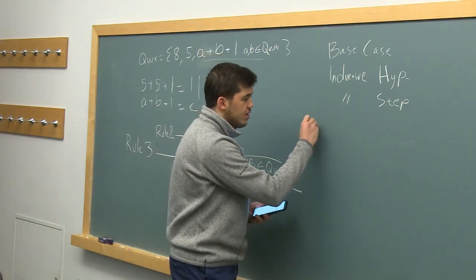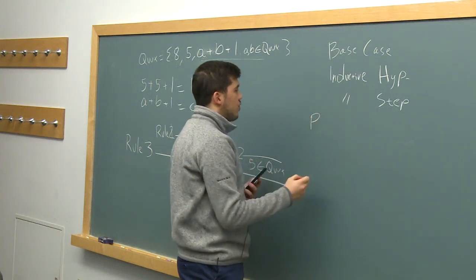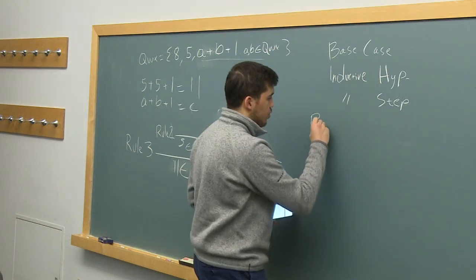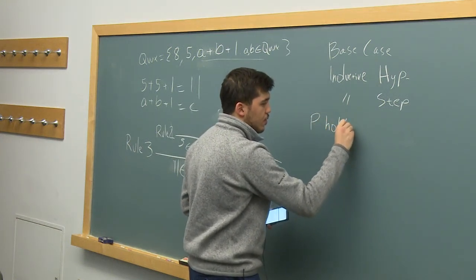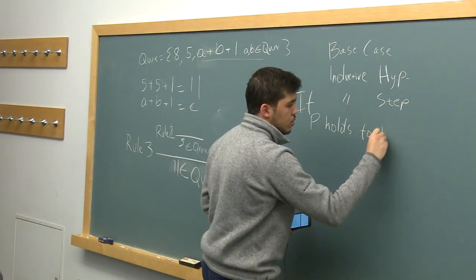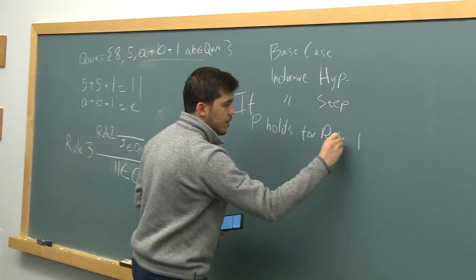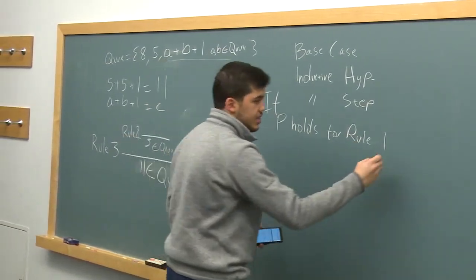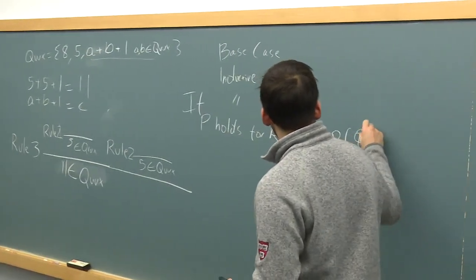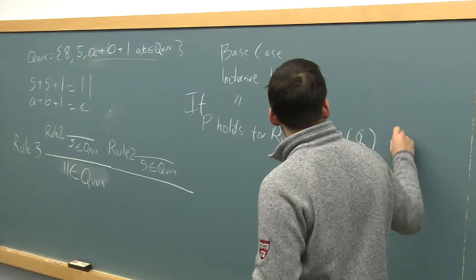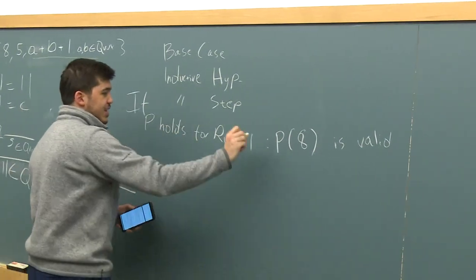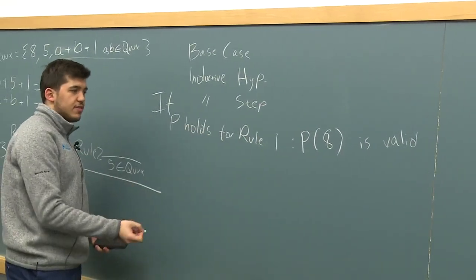For a given property P, if P holds for all of our rules, so that is rule 1, if P holds for rule 1, right, which is that P of 8 is true, is valid. Right? And we just apply this same case to all the rules of our set.